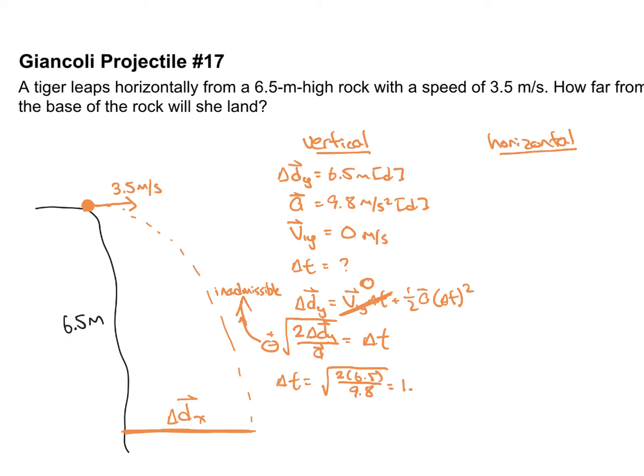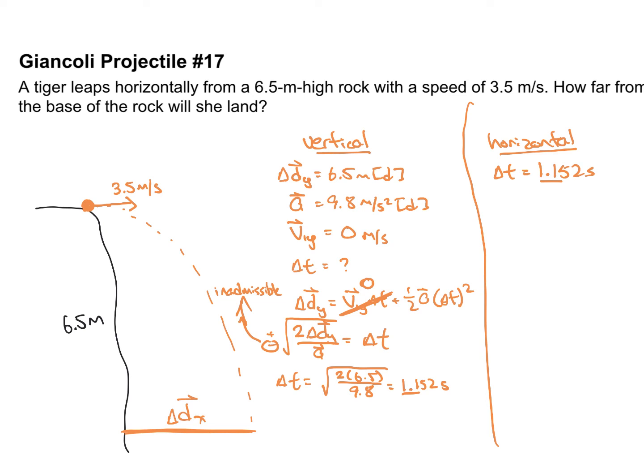That's rounded. I kept a couple of extra digits, but I'm going to underline 2 significant digits. So the tiger is going to hit the ground in just over a second, and we can use that information in the horizontal section. It'll be in the air for 1.152 seconds approximately.